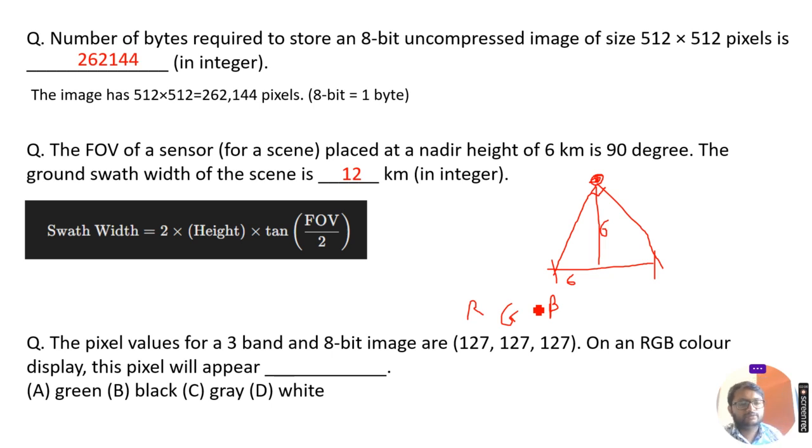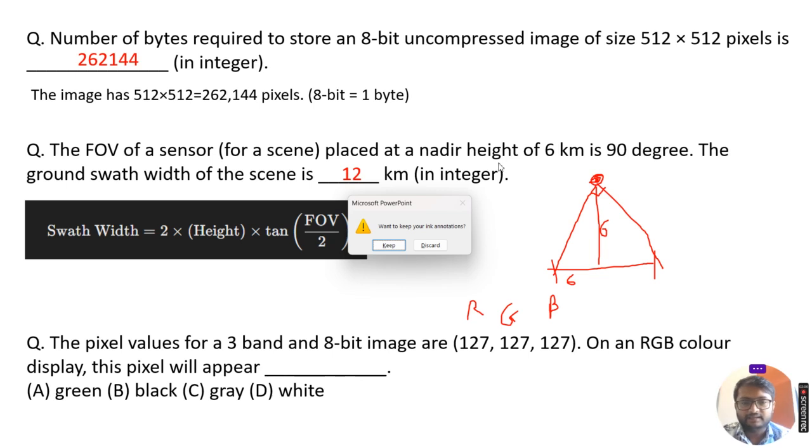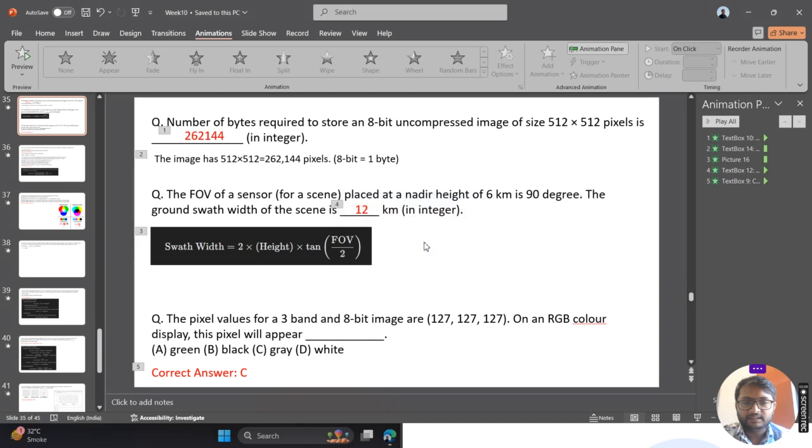If it is 0, 0, 0, we get black. So this is somewhere gray, because 127 is about halfway in between.